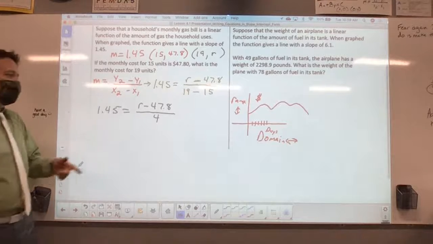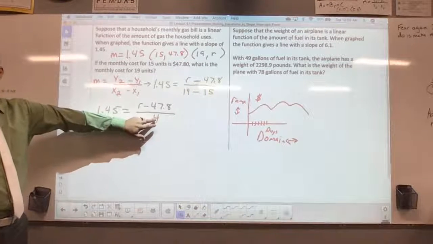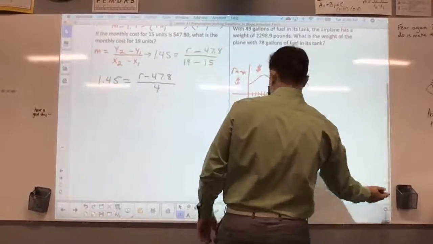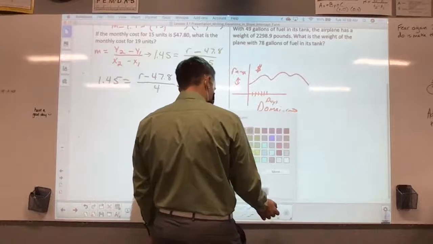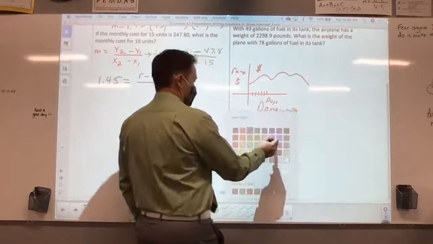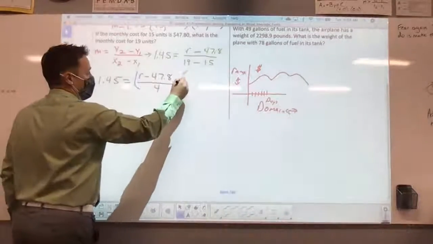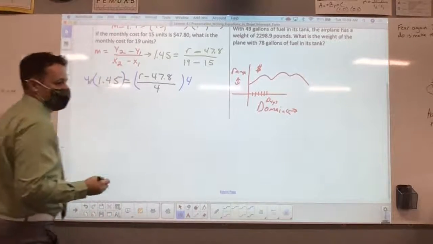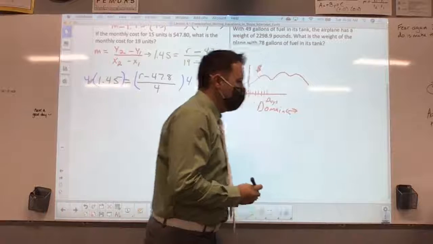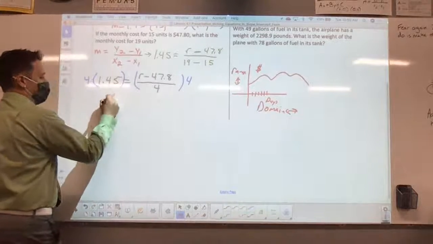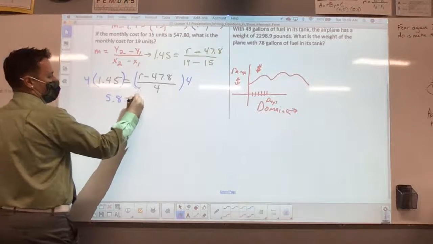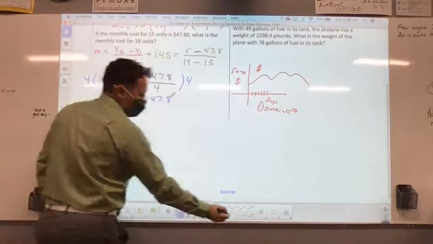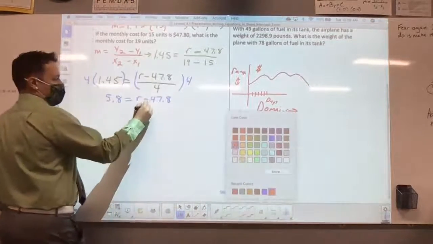So you would multiply to get rid of what? The 4. So the first step is to multiply this on both sides by the number 4. So let's multiply this by 4 here, and you do that over here on this side, right? So you end up with 5.8 equals r minus 47.8. And then you guys should know by looking at this, your last step is add.